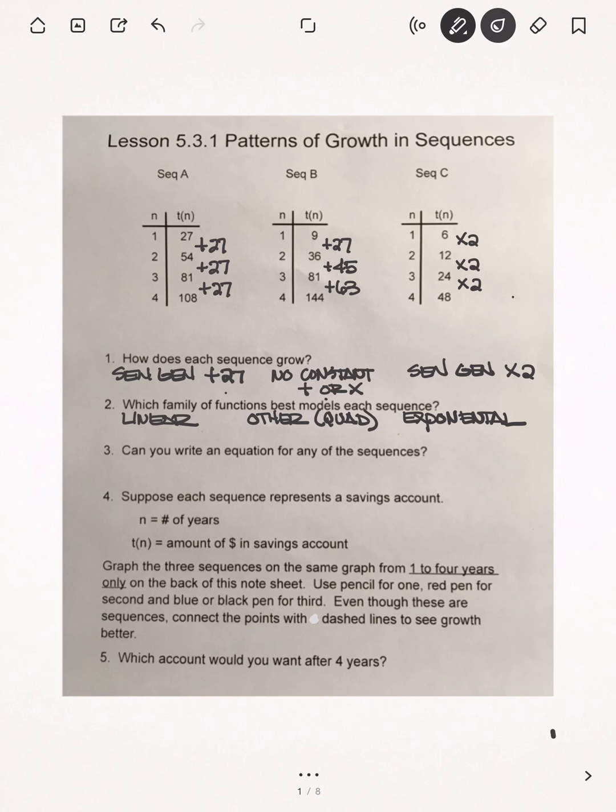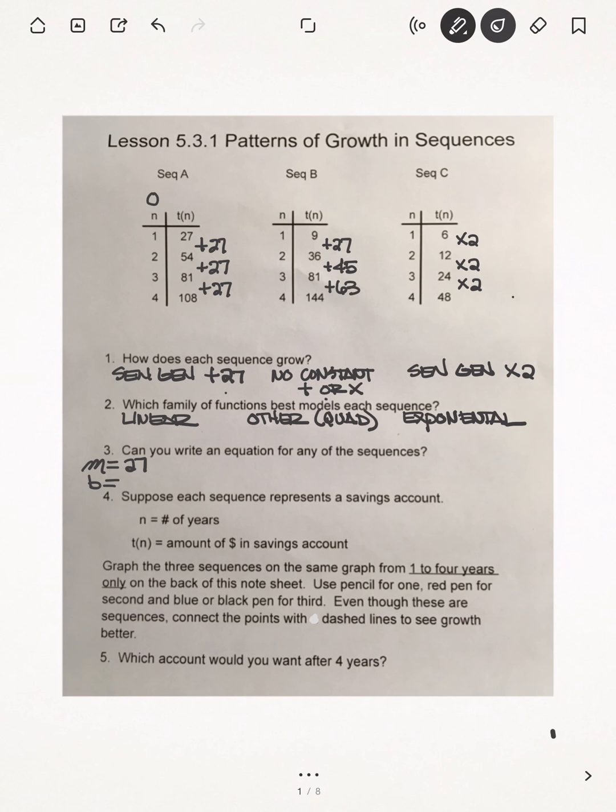Number 3 says, can you write an equation for any of the sequences? Well, sequence A is linear, so I am going to find my m and my b. My slope is 27 because I'm adding 27 each time. My starting point, however, I can't see yet. So I'm going to go back to 0. If I'm adding 27 going down, I'm going to subtract 27 going backwards.